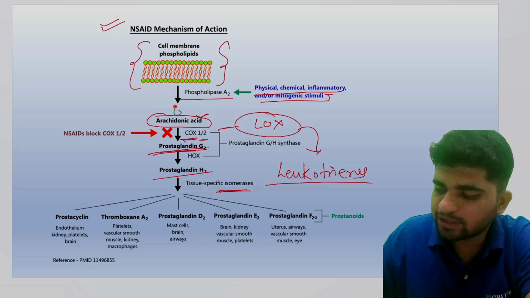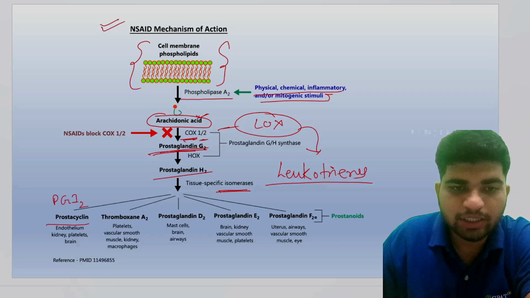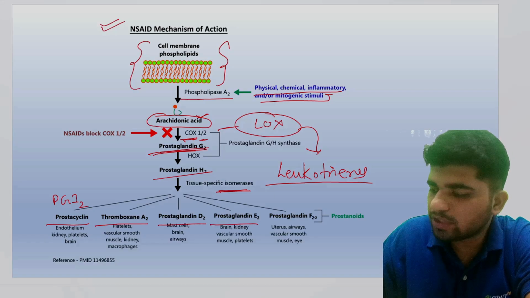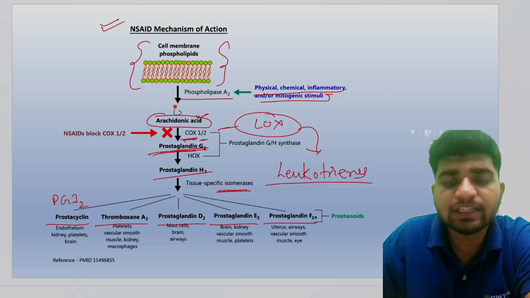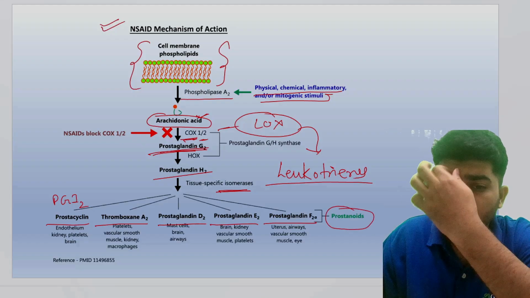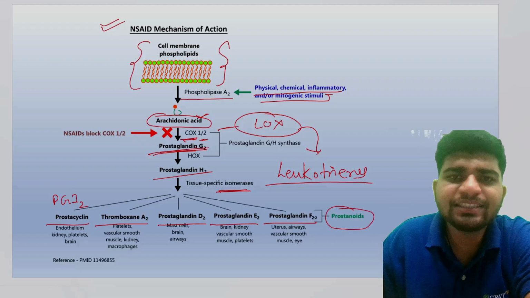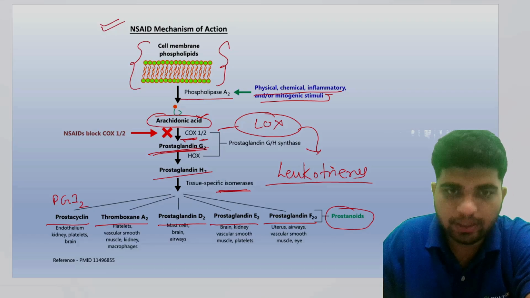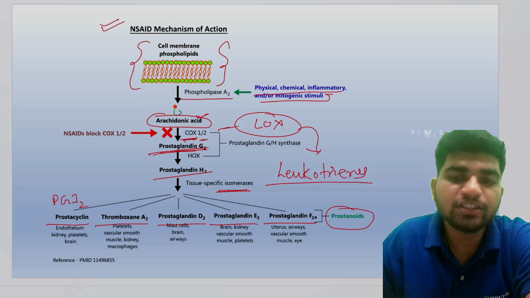For example, prostacyclin that is PGI2, thromboxane A2, prostaglandin D2, prostaglandin E2, and prostaglandin F2 alpha. These are also known as prostanoids. These are present on different parts of the body as well. We will cover that in the prostaglandins part.